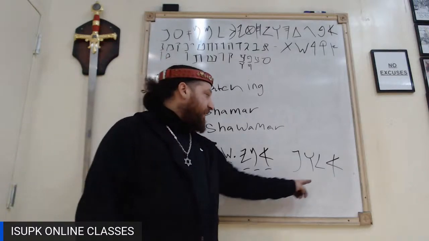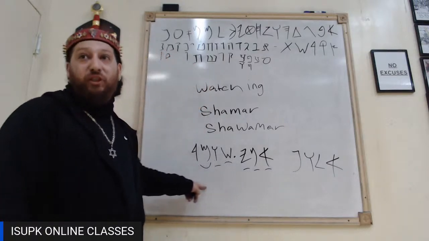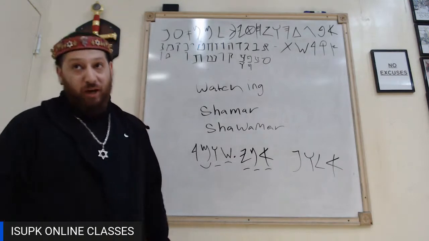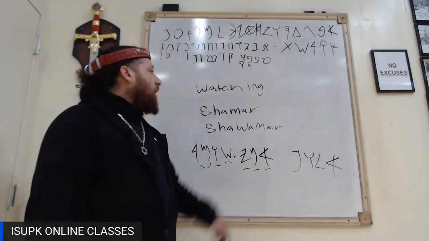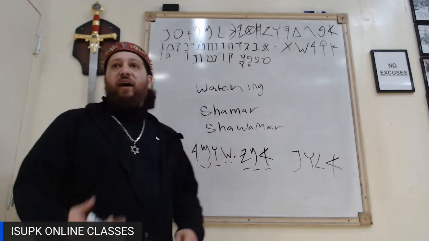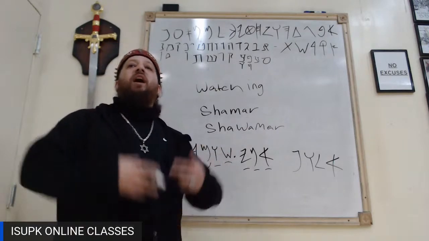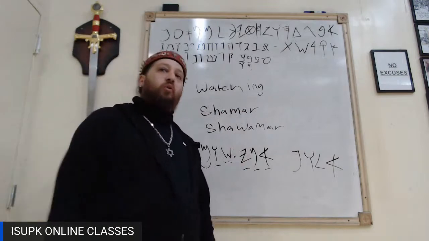You understand? His name literally means "I am watching," really, "I'm always watching." So Shamar is watch. Wa signifies it's making it a verb now. Now you're watching. Now you are doing something.